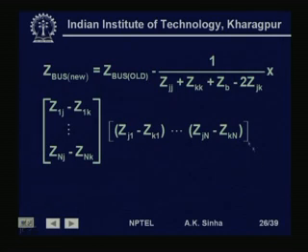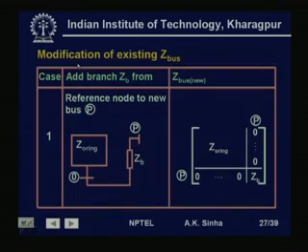This is multiplied by the n by 1 column, which is the jth column minus the kth column, and by the n by 1 row, which is the jth row minus the kth row. This whole term is an n by n matrix, which we subtract from the old n by n matrix, and therefore the new Z bus is an n by n matrix.